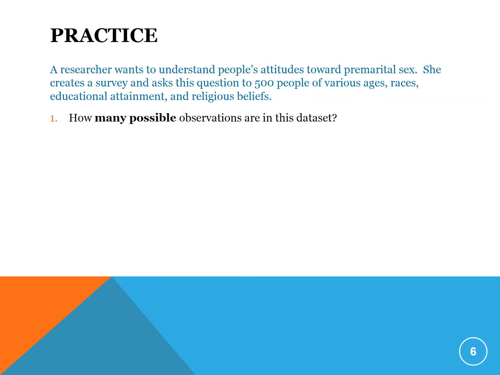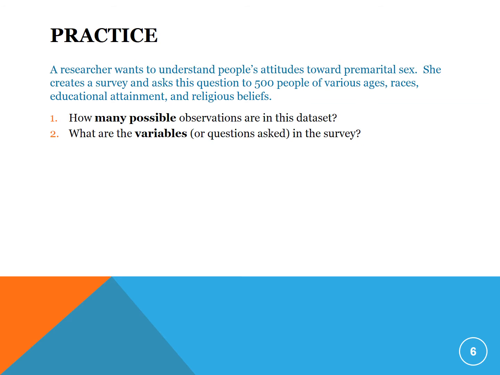If we remember what observation means, it means a person or a group or an event, anything like that, right? So in this case, we asked the question to 500 people. So the number of possible observations is 500. We can expect possibly, if everyone participated and answered questions, 500 observations are possible in this data set.